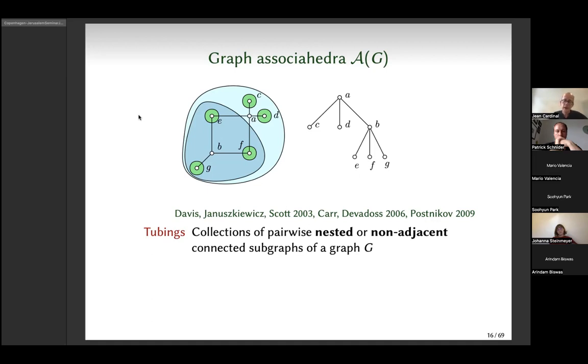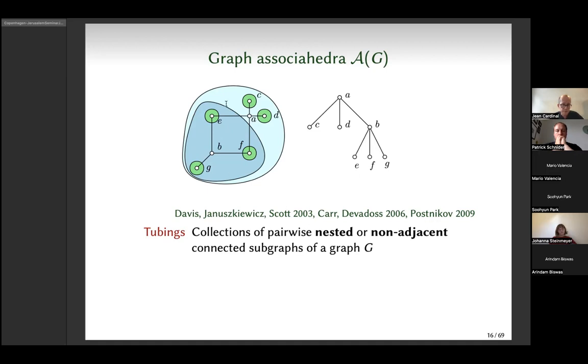And remark that if you pick any 2 of them, any 2 subtrees, either they're nested, one is contained in the other, or they're separated by a root somewhere. So if you pick their union, it is not connected, and I call those non-adjacent.